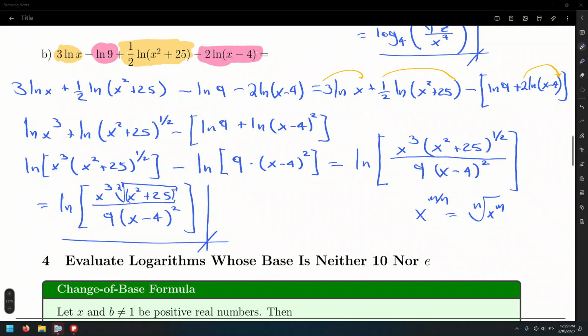But we don't need to write power 1 for anything. And when it comes to radicals, we don't need to write the 2. Whenever we see the radical symbol, it's always understood to be square root, unless it's a cube root, 4th root, 5th root, etc. We would see this number explicitly, the number 3, number 4, number 5, and so on and so forth.